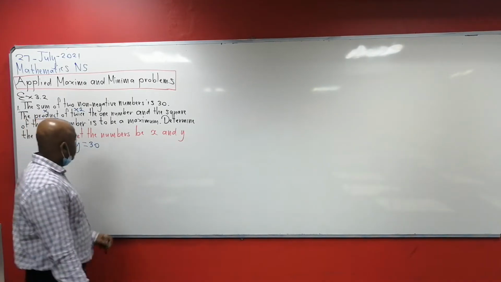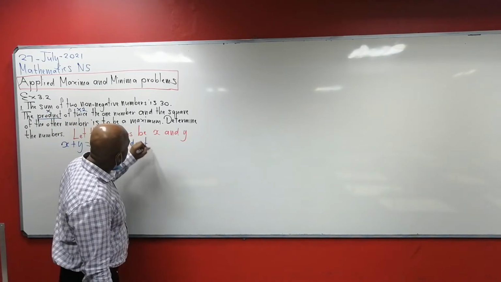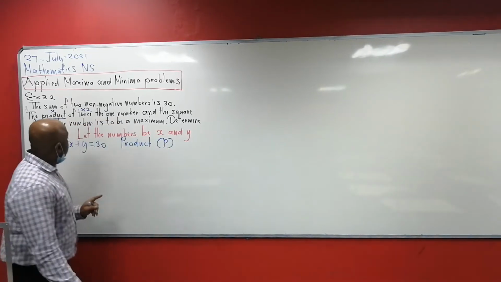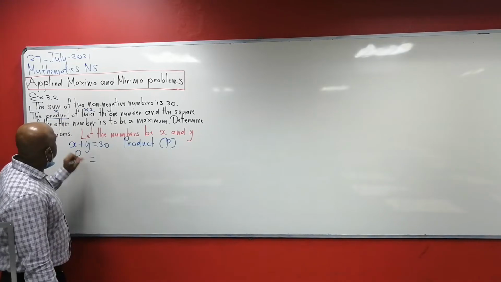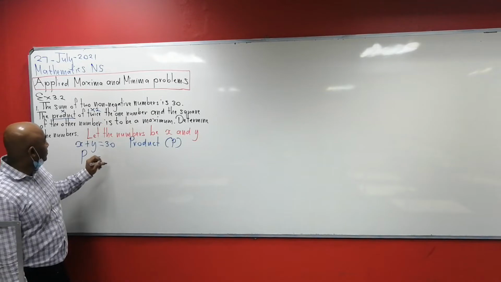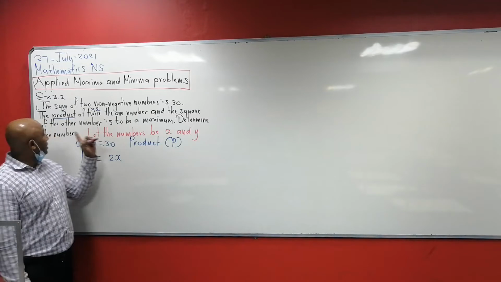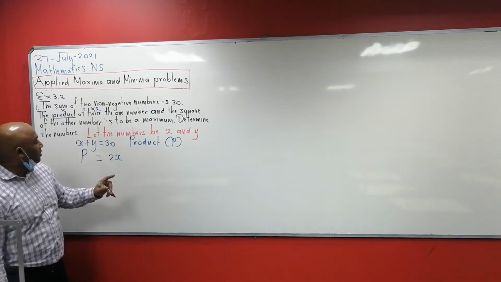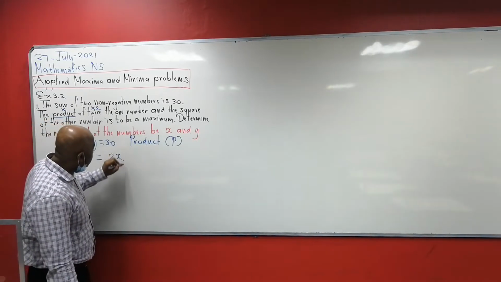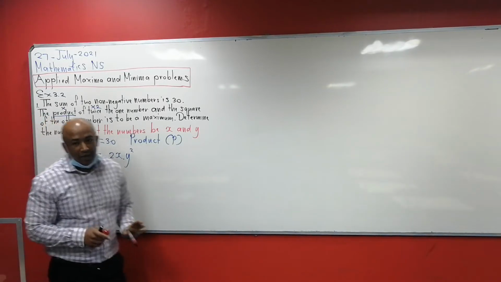So let's call the product P, it's a result of what's happening here. So P is equal to the product of twice the one number, so 2x, and the square of the other number. The other number I called y, so that's going to be times y squared. So now this has to be a maximum.